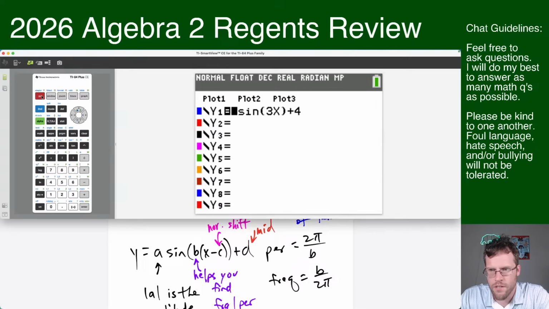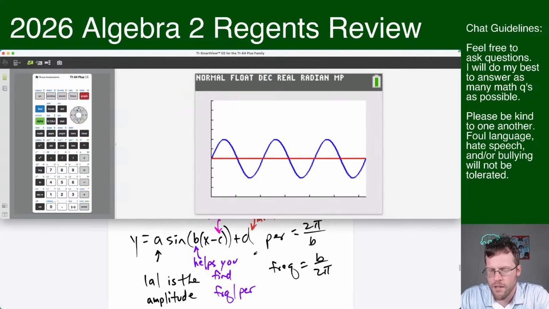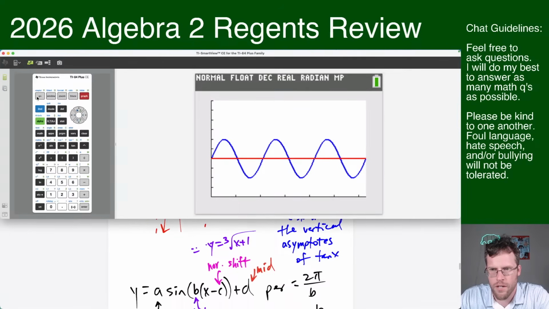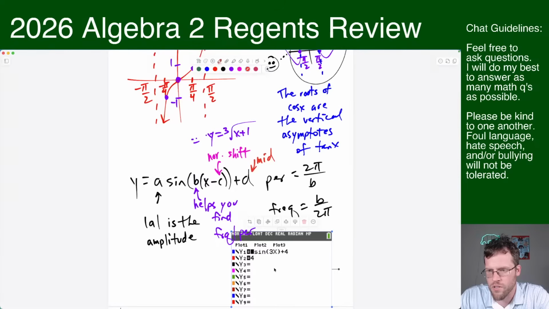So you see I get this. 2 sine means the absolute value of 2 is 2. My amplitude is 2. My midline is 4. If I were to graph the line y equals 4, you could see that's my midline. So let me actually borrow this so we can see which function I'm referring to.